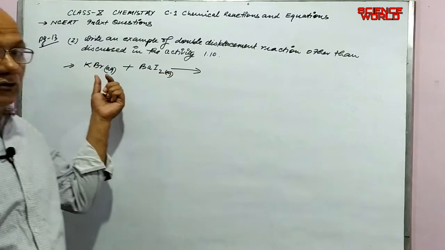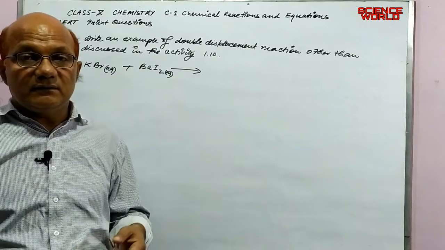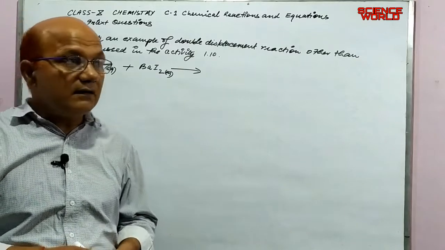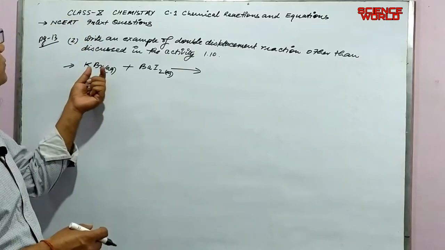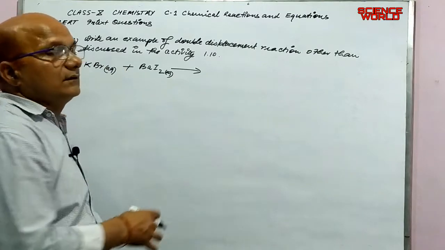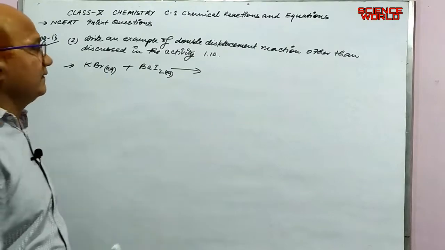When aqueous solutions of potassium bromide and barium iodide are mixed, these two compounds react, and two new compounds are formed by exchange of ions.